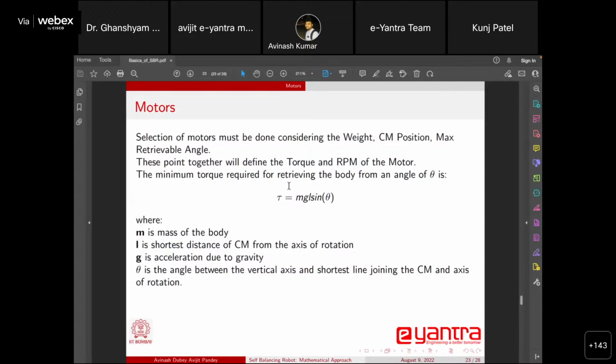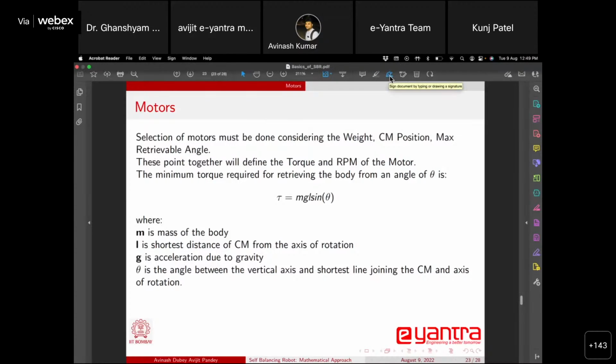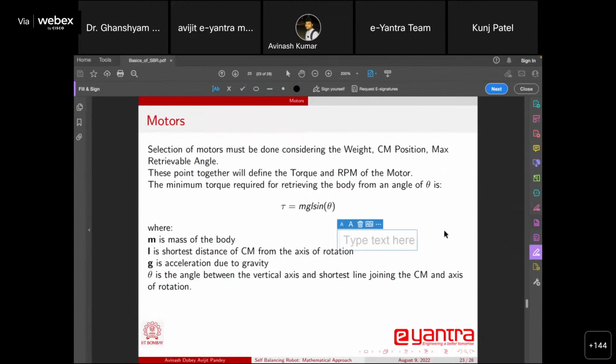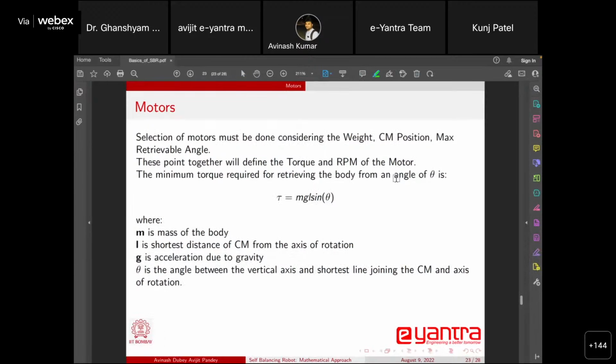Let's see if I can use a pen here. How do I use the pen in this? I can't. Okay, it's okay. Suppose, wait a second, I need to show something.